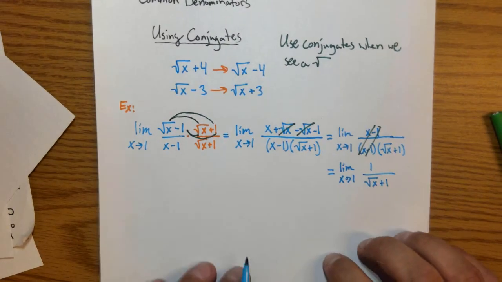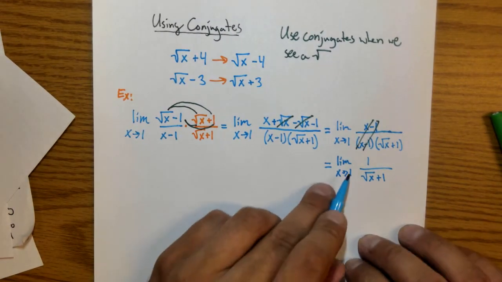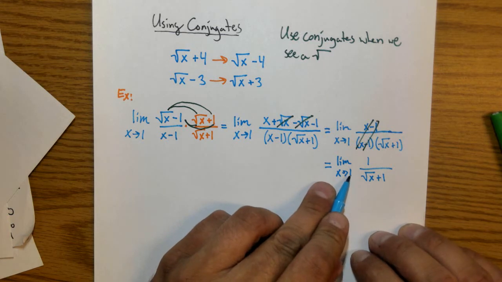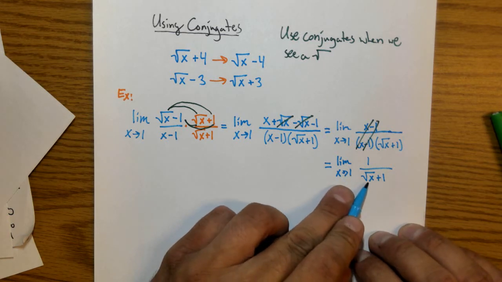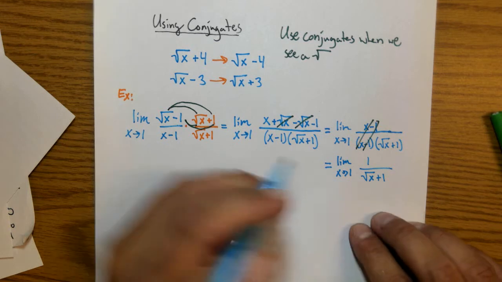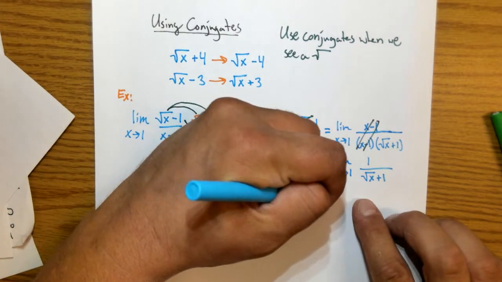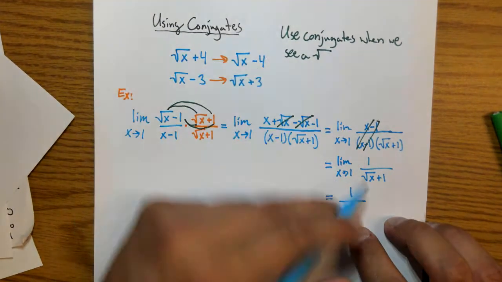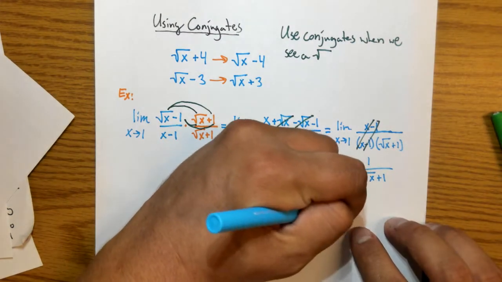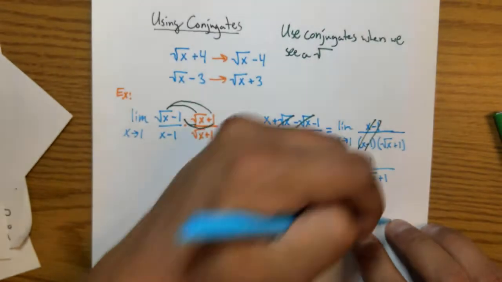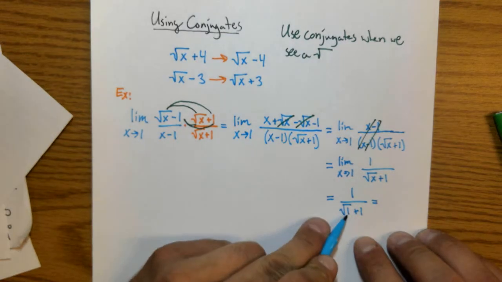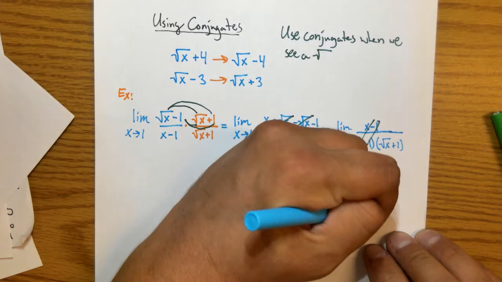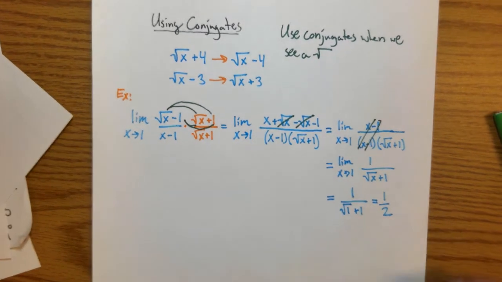And now, as you can see, if we plug in 1 into this function, we will get the limit now. So this is equal to 1 divided by the square root of 1 plus 1, which is just equal to, square root of 1 is just 1, so it's 1 over 2. And that's our answer.